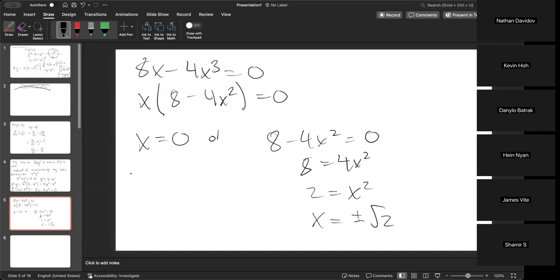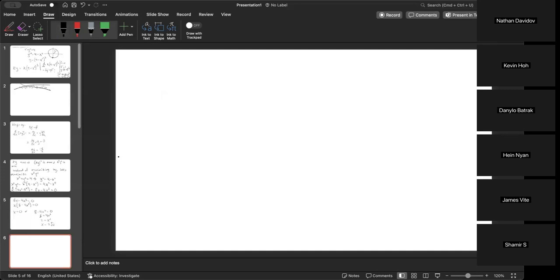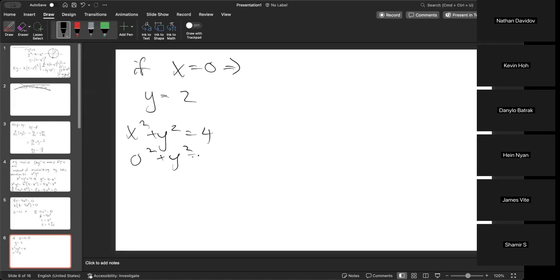If x equals 0, that implies that y is equal to... because x squared plus y squared equals 4. 0 squared plus y squared equals 4.